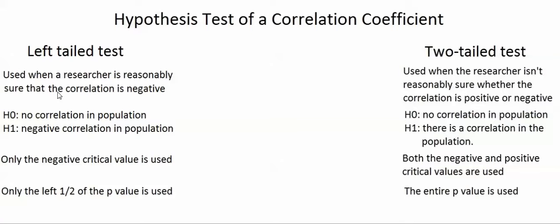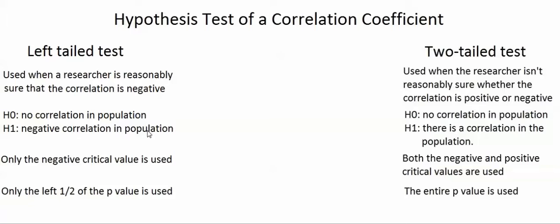And in a left-tailed test, the null hypothesis still says that there's no correlation in the population, but the alternative hypothesis is more specific. Instead of just saying that there's a correlation in the population like it does in a two-tailed test, in a left-tailed test, the alternative hypothesis says that there's a negative correlation in the population.